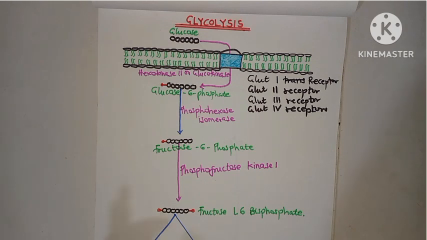So if one phosphate is on carbon 1, the second phosphate will be on carbon 2, and that one is a biphosphate. But when there are spaces between the phosphate groups, we call that a bisphosphate.